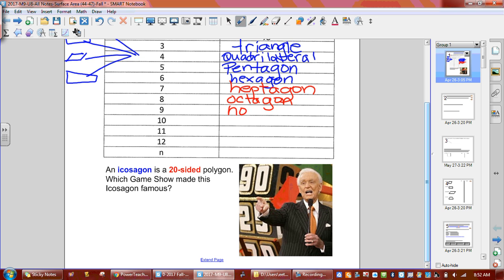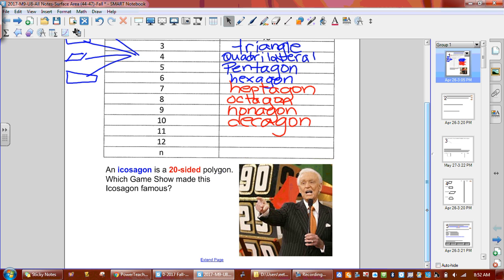It sounds like they're made up words, but they're not. 10 sides: Deca. That's why we call it decade. Deca is 10. So, decagon.